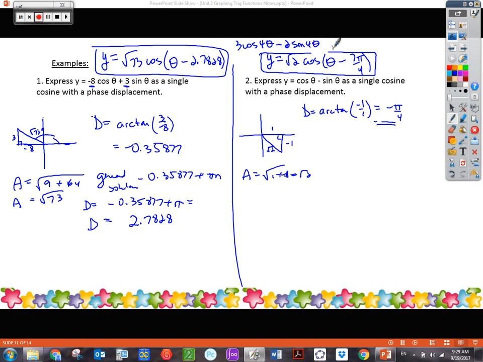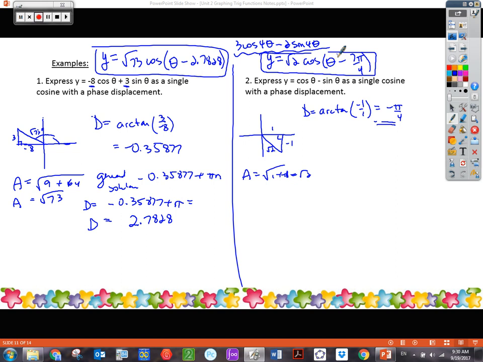Okay, so first of all, if we have something like this, we have to verify, are the periods the same? And since they both have 4 theta, we would say yes. Right? They have to have the same period. These do. So how is that going to affect our answer if we have 4 theta in there? Really, it would simply put a 4 here in front of the theta. Okay? That's all it would do.